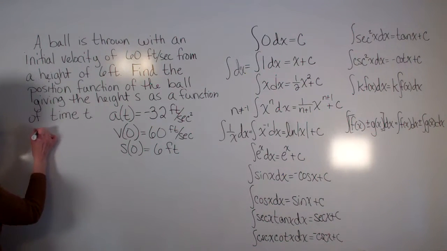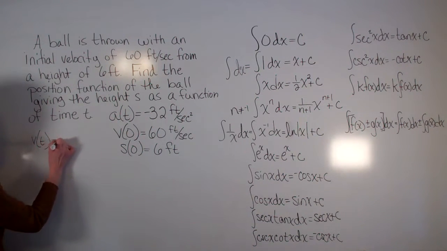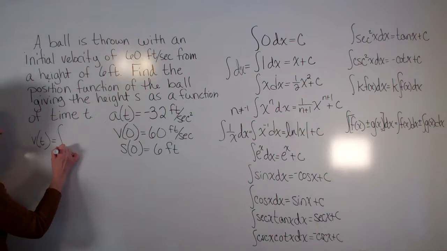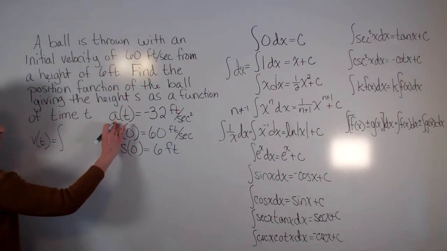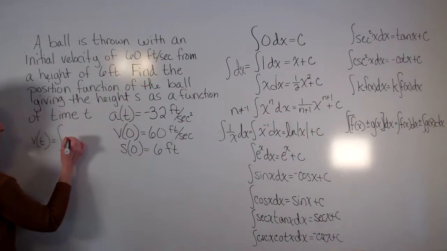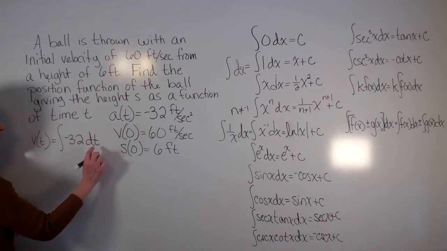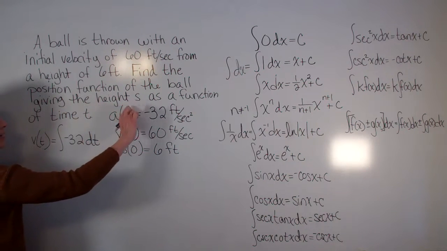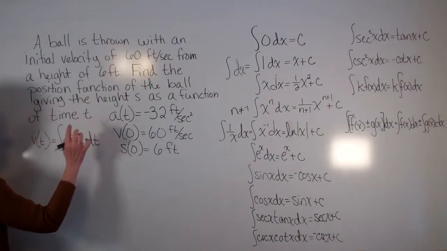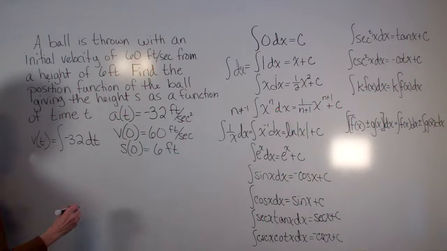So the velocity function v of t is equal to the integral of a of t dt, but that's just the constant negative 32 dt. And I know to do dt because it says I'm looking at a function of time t, so that's my independent variable.